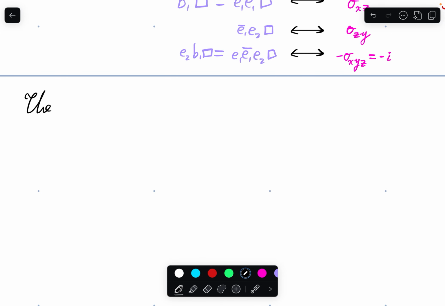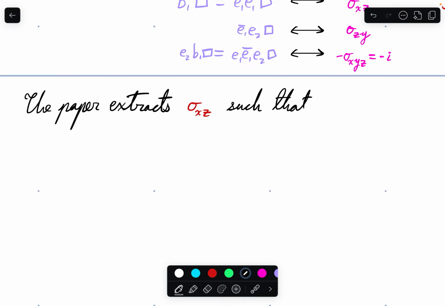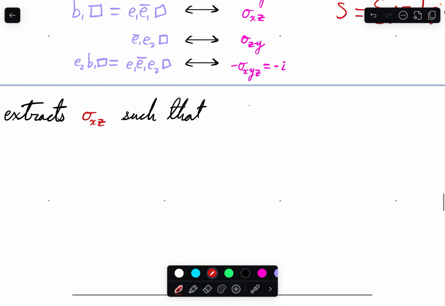The paper factors out sigma xz, such that you can rewrite G3 as an element from the geometric algebra of 2-dimensional space added to another element of the geometric algebra of 2-dimensional space times sigma xz.